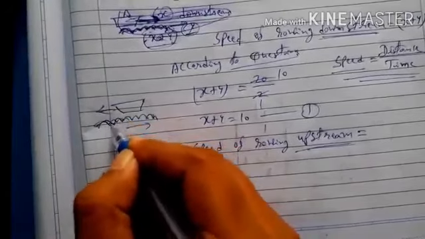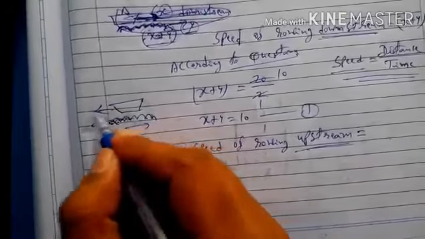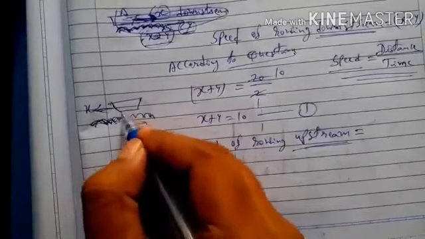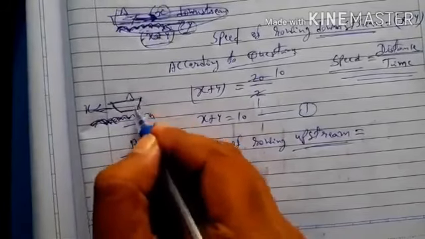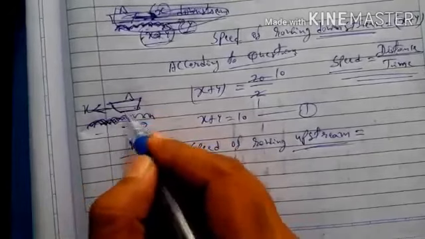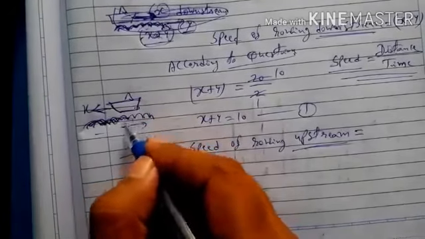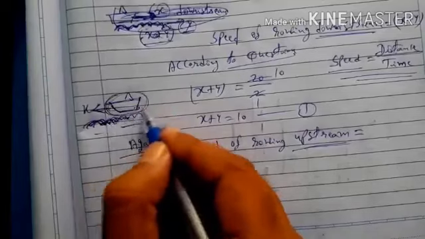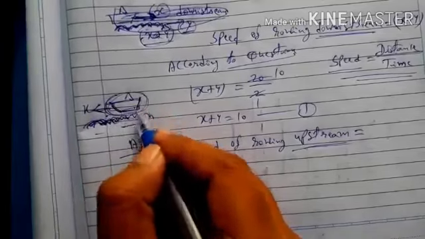The boat goes right to left and the water flows left to right. So the water flow is opposite to the boat, so it reduces the speed of the boat.